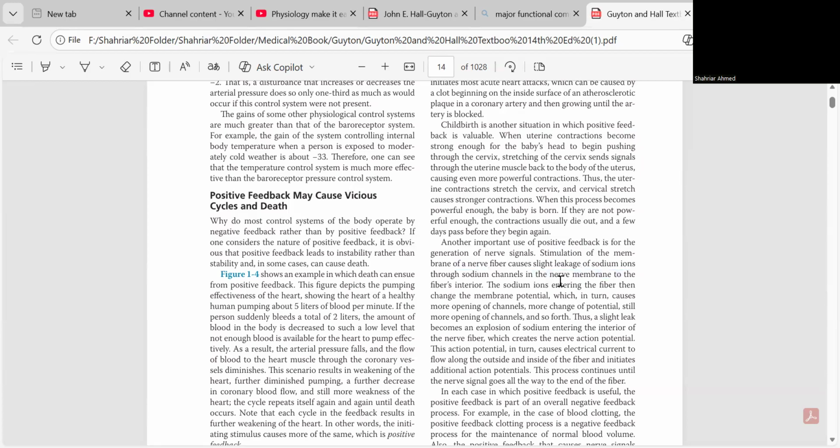In the next discussion, we'll discuss how action potential is generated.